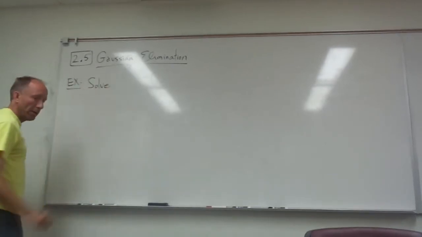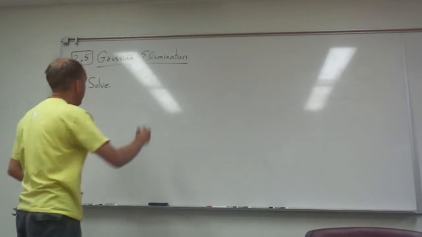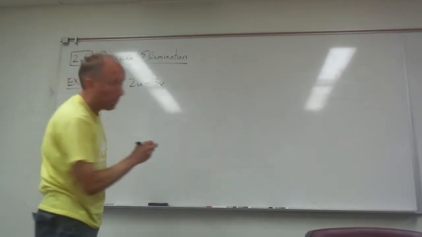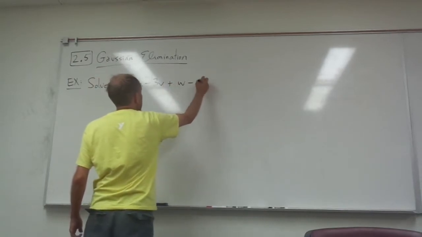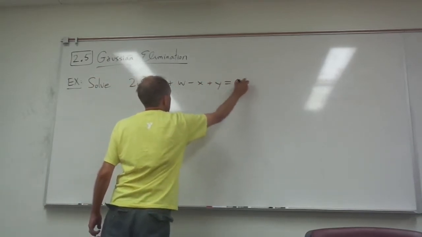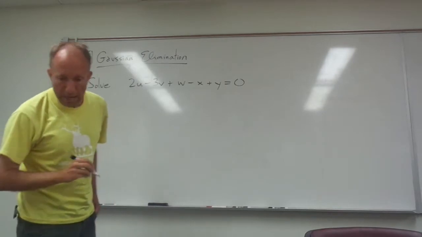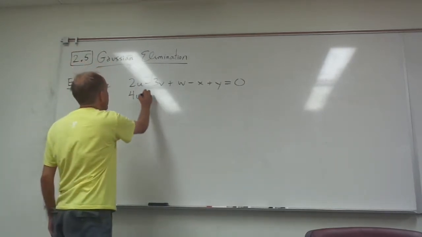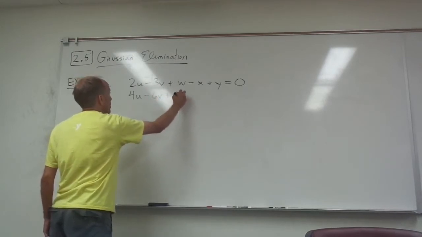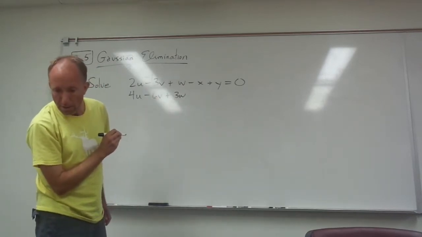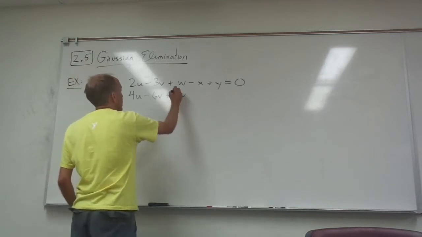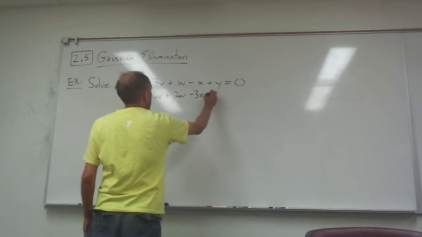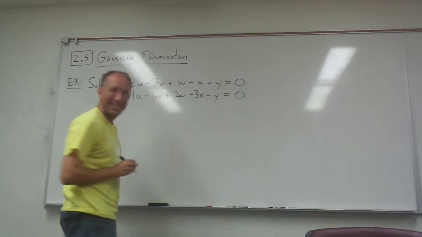Let's suppose I want to solve the following linear system. 2u minus 3v plus w minus x plus y equals 0. And then the next equation, 4u, okay, minus 6v plus 2w minus 3x minus y equals 0.